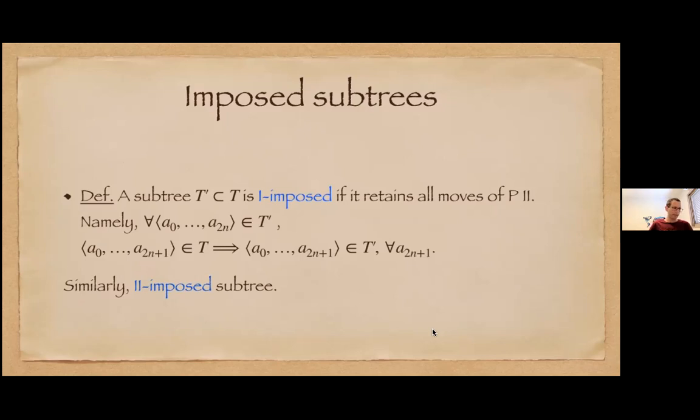You get a one imposed subtree. But in a one imposed subtree, in contrast to a strategy, player 1 doesn't have to choose one move. Player 1 can choose any subset of his moves at any position. That's the difference, and the same thing holds for two imposed subtrees.